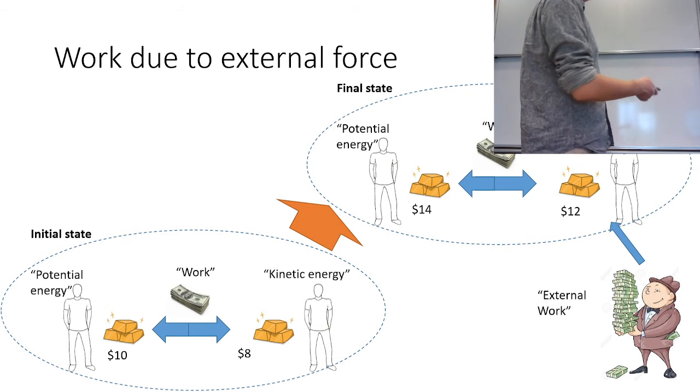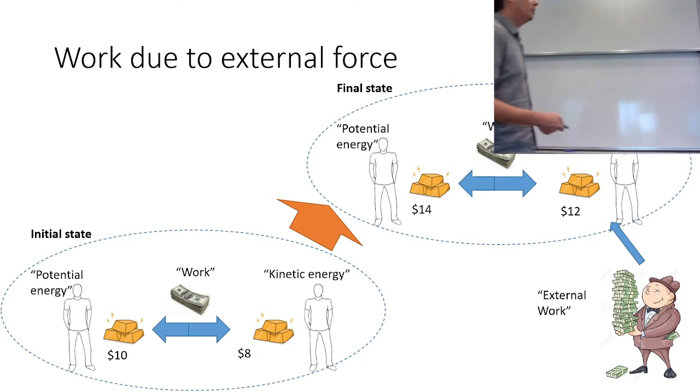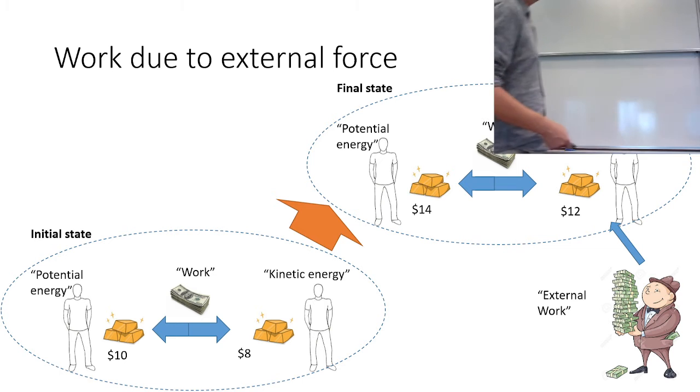So here the total energy of the system was, say, or total money in the system was $18. Over here it becomes like $26, right? So the total has gone up, and this is basically because this rich guy here has given this system a bunch of money, or energy in this case.